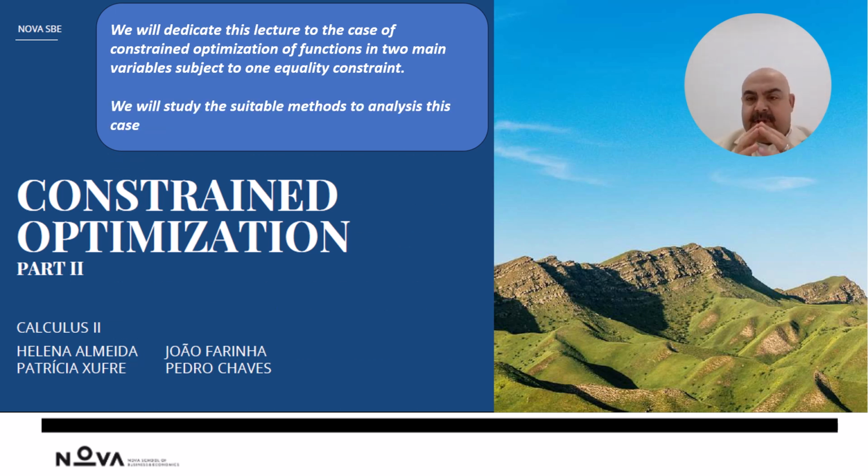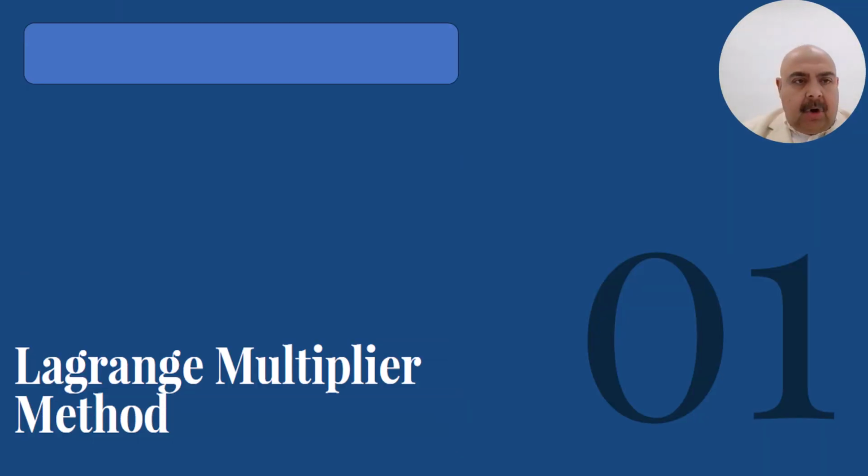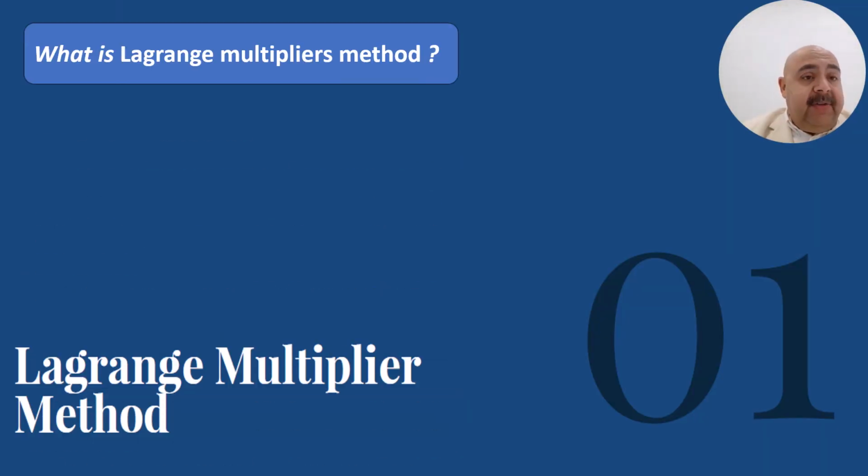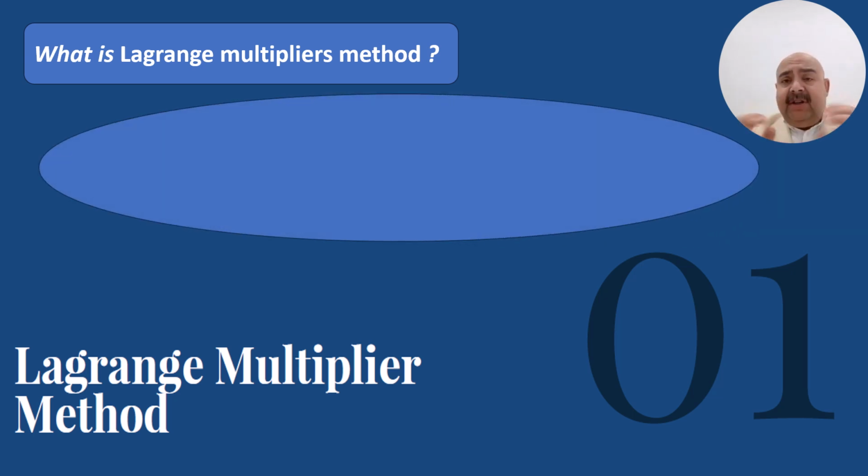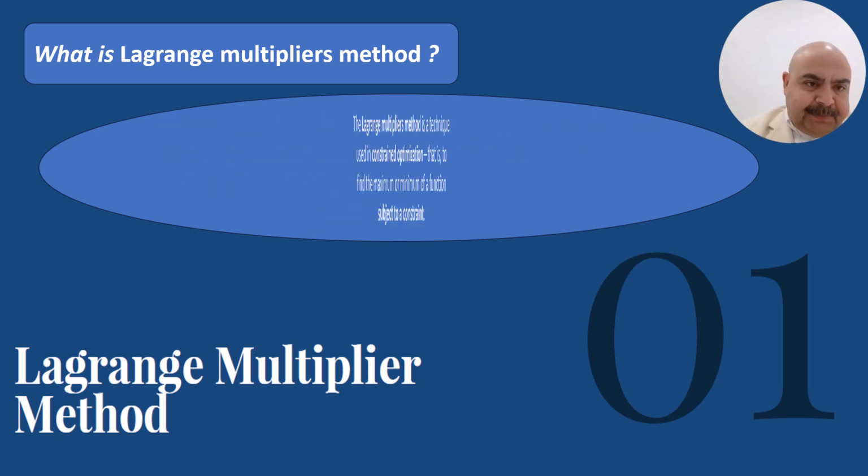We will study the suitable methods and techniques to handle this matter. As I told you, it's really very important, especially in our major. We will start with the famous Lagrange multiplier method. This is a very important and very successful method, either for functions of just one variable or of multiple variables, as we will see down the road in the rest of our lecture.